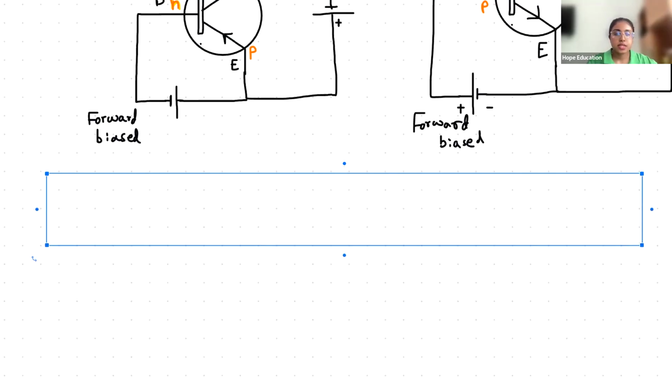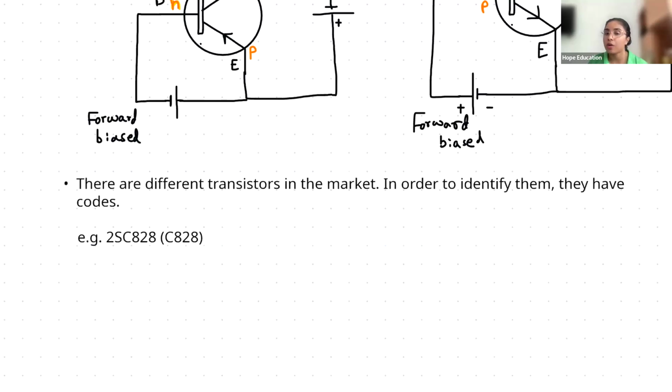2SC828. You definitely don't need to be able to read these codes. It's only in case one comes up in an MCQ. But otherwise you don't need to know what these codes mean or anything like that. They are a bit more complicated.